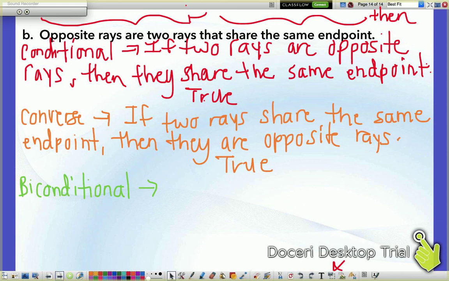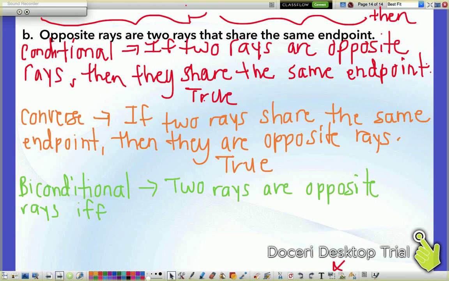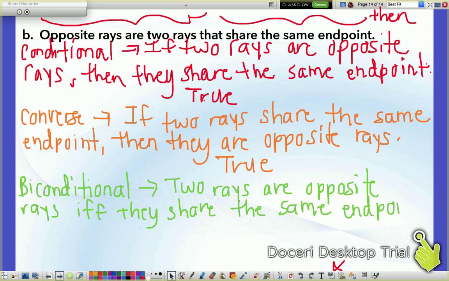So I'll say 2 rays are opposite rays if and only if they share the same endpoint. Woo, we're done.